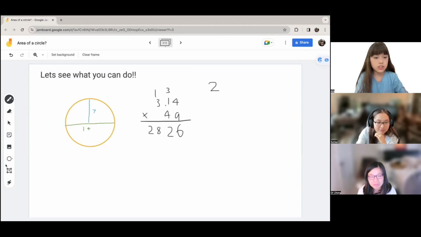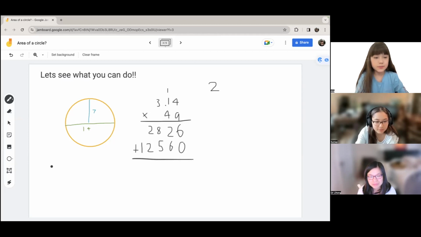But now we have this 4. So now we got to do that for that too. But remember, this is in the 10th place. So we have to add another 0 here. So now, 4 times 4, 16. 4 times 1 is 4, plus 1 is 5. 4 times 3, 12. Now, boom, we can add these together.